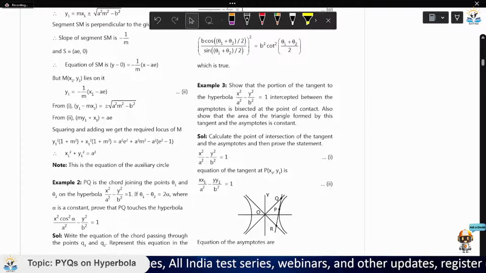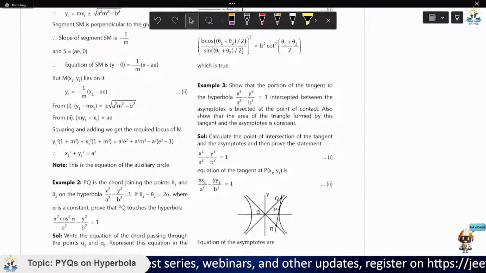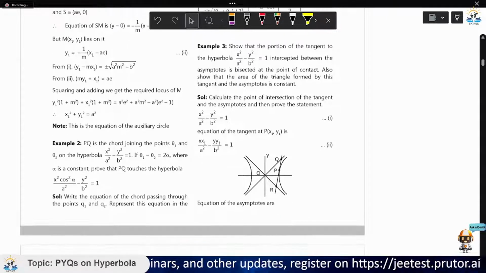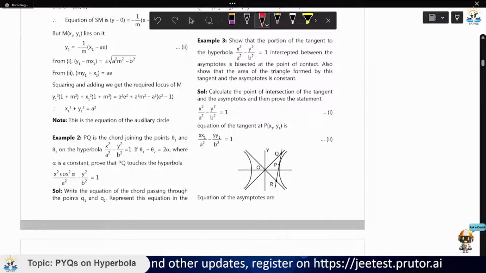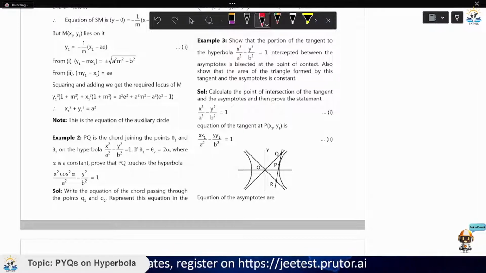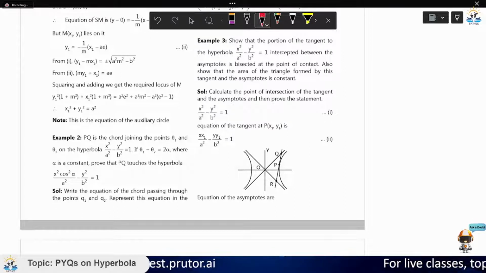We have: show that the portion of the tangent to the hyperbola intercepted between the asymptotes is bisected by the point of contact. Okay, so this is what they wanted to know. It's very easy to solve this as well.